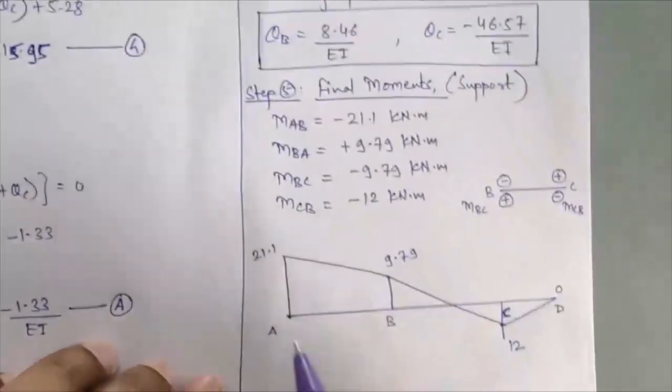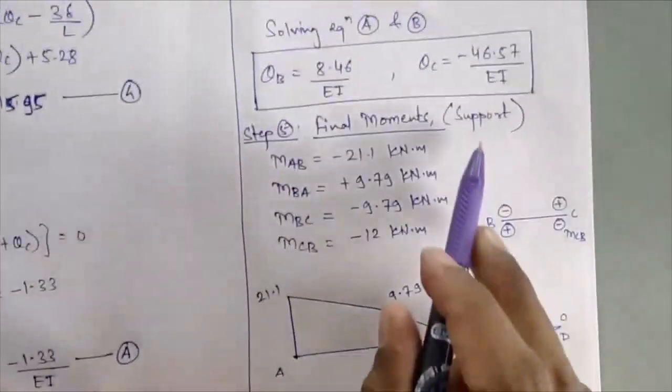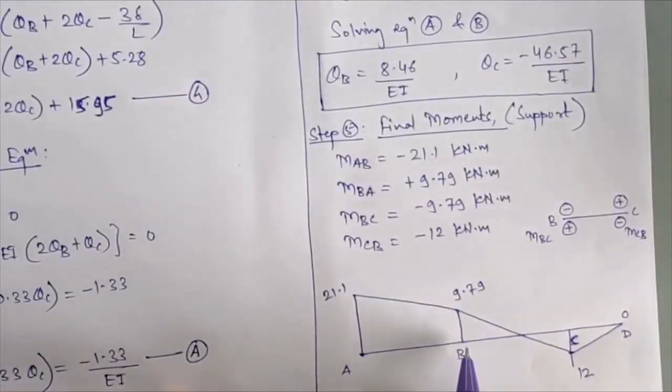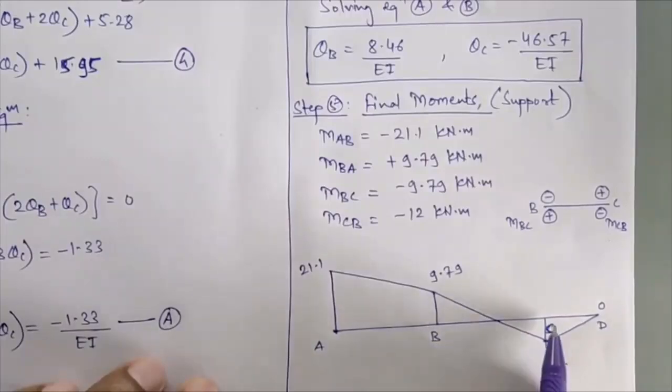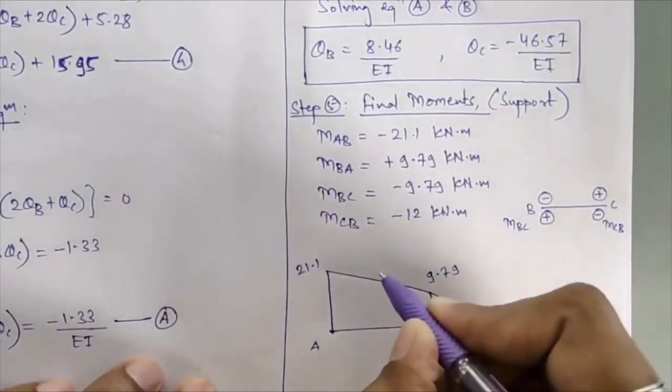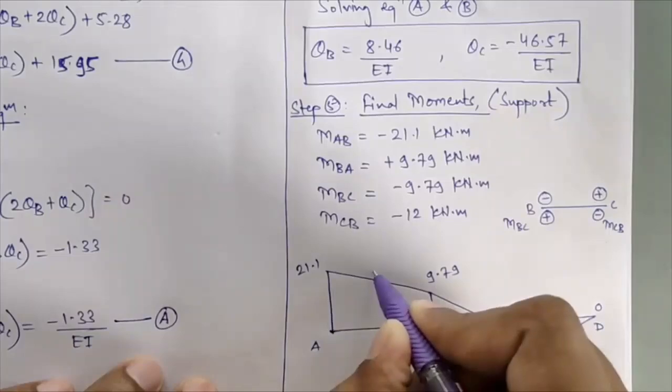Now whatever moments are plotted, those are your support moments. We are plotting BMD by superposition, so span moments also have to be plotted. The span moments are the same as in the previous numerical: for AB equal to 20 kilonewton meter, and for BC equal to 16 kilonewton meter. The 20 is for the UDL, which will follow a parabolic path somewhere below this 21.